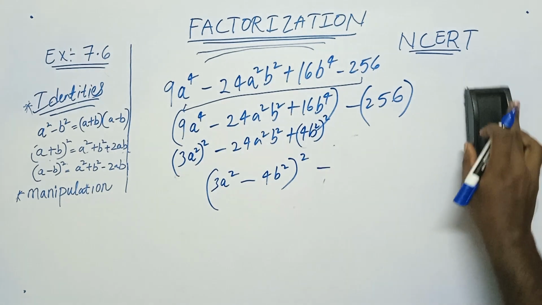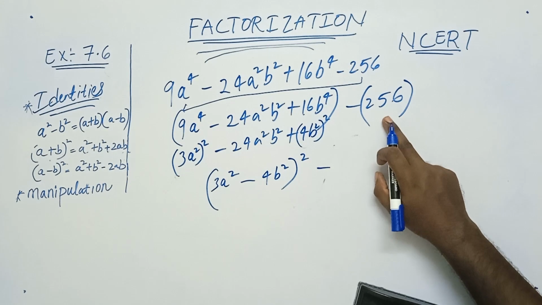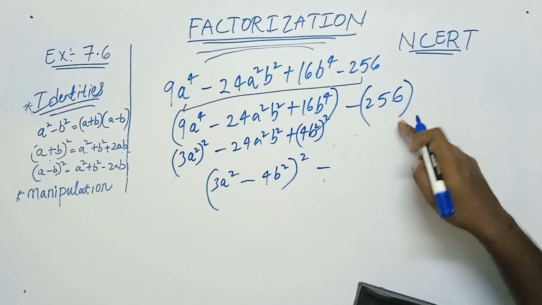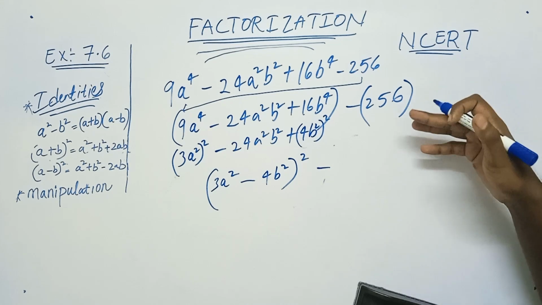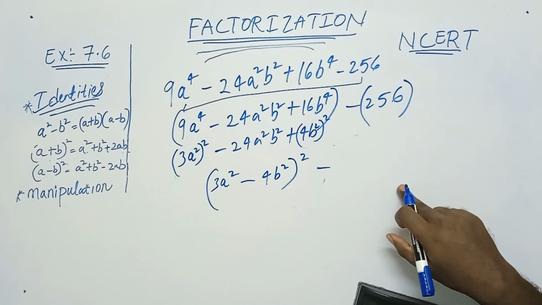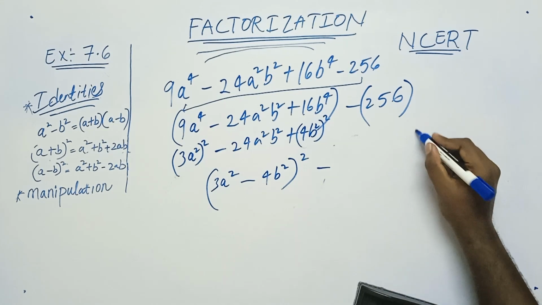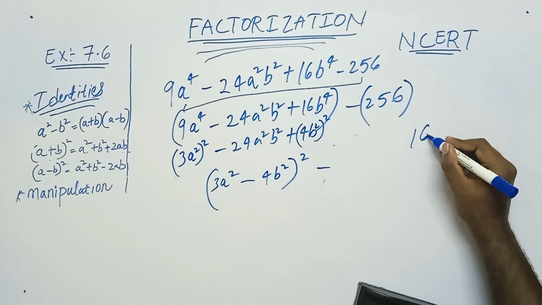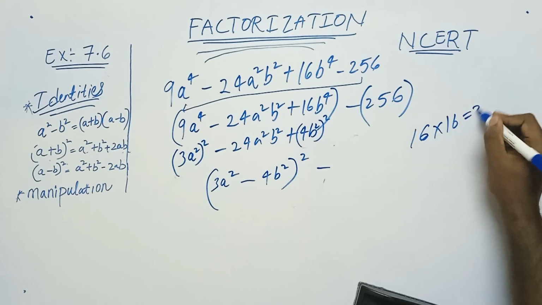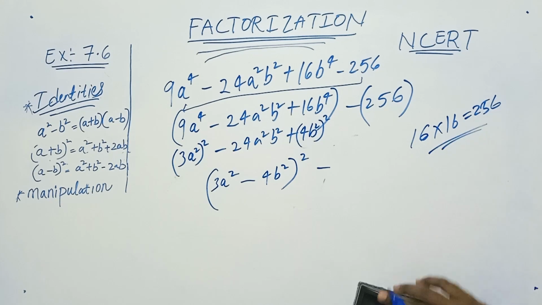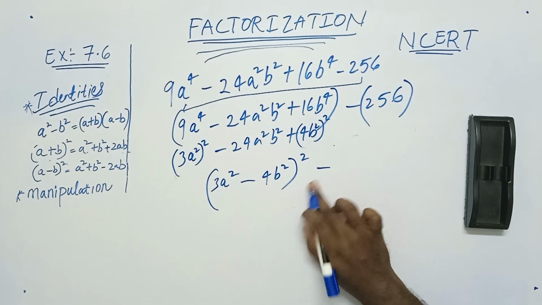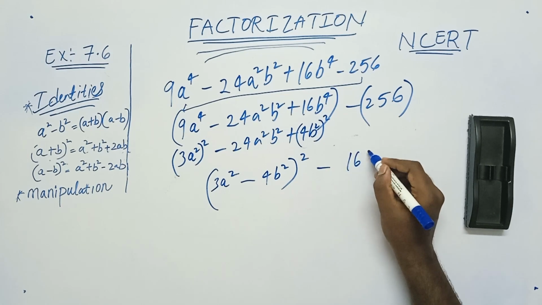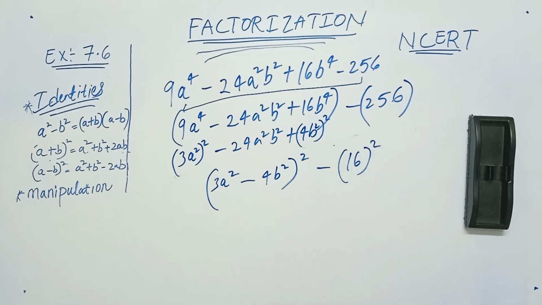And observe this 256. This is a square number. If you try to solve this, it is the square of 16, right? 16 times 16 is 256. So I'm going to write this 256 as minus 16 whole square.